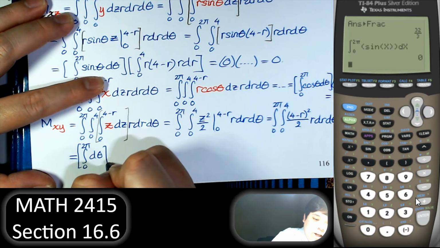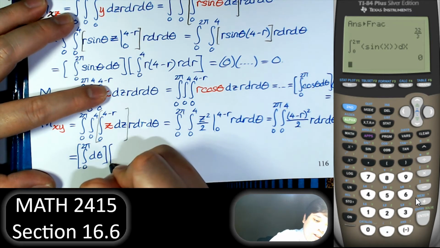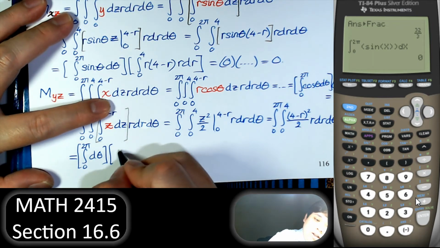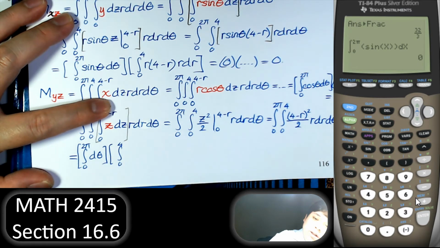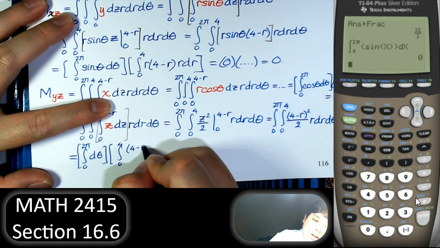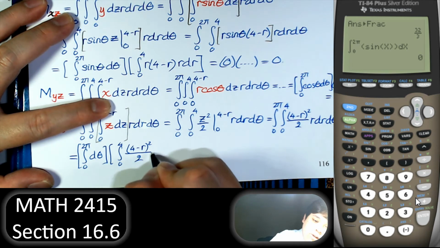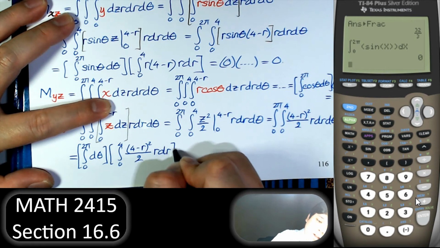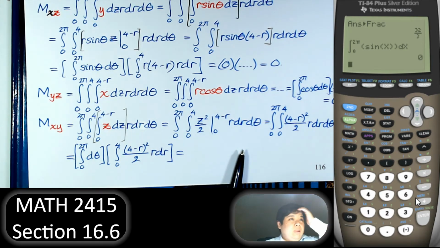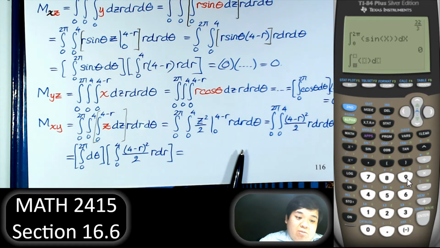First for theta, next for r from 0 to 4, (4 minus r) squared over 2 r dr. Yeah, this section is a lot longer if we have to do all this by hand.